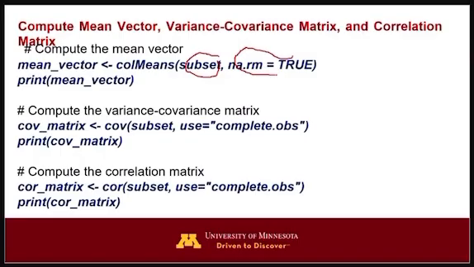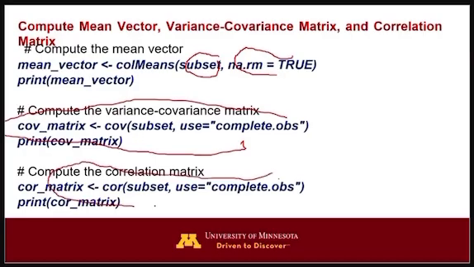If there are missing values, this is going to take care of that. Then you can say column means, because we want to get the mean of each variable. Then next, you can go for the variance-covariance matrix. That is how to do that. Take a look at that. And you can also do a correlation matrix too. Take a look at that.